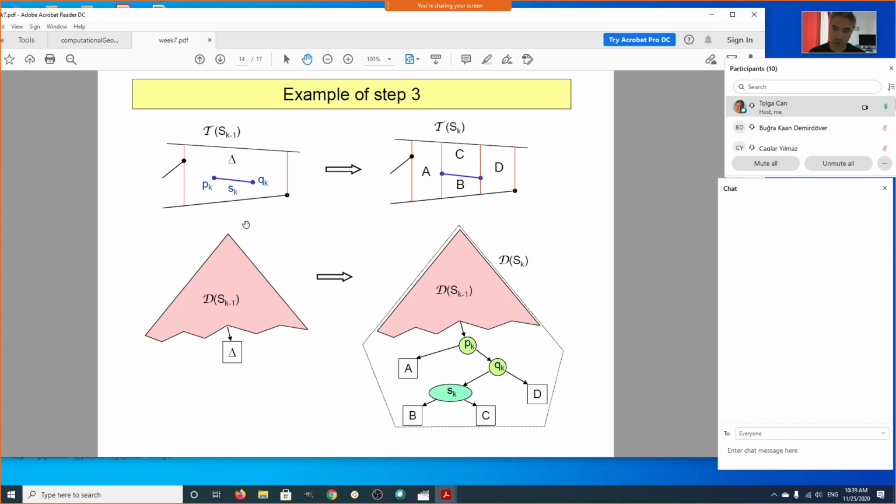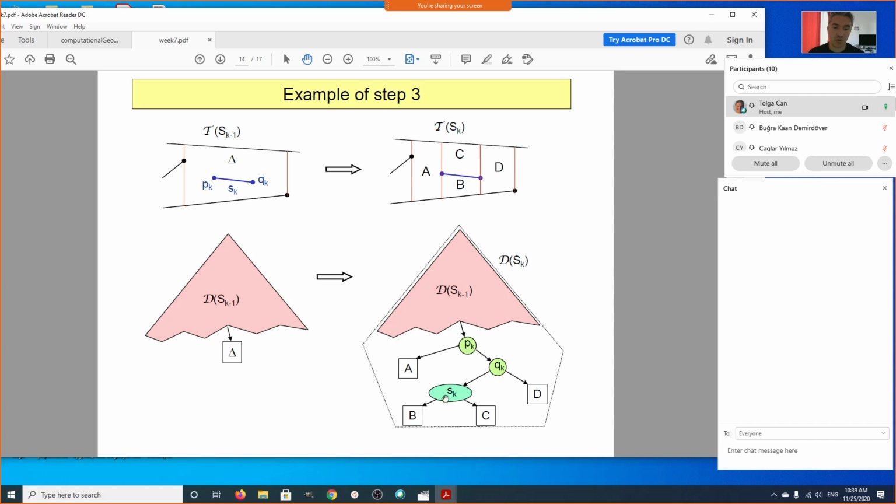So a single line segment like this is going to divide the trapezoid into 4 new trapezoids: the one to the left of P, the one to the right of Q, and the one above. And the part that is in between P and Q is going to be separated into 2 trapezoids, below and above the segment. Hence we have these 4 trapezoids.